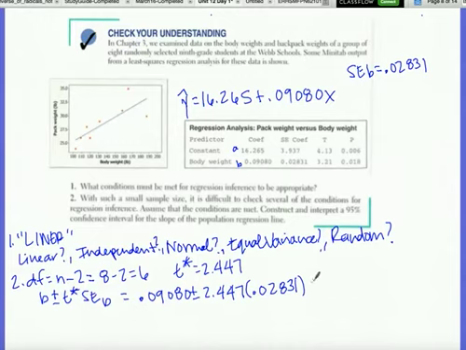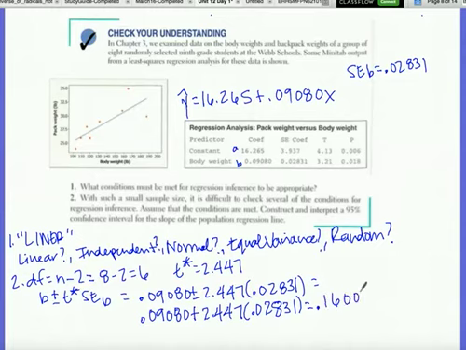So whenever you do that, what that really means is 0.09080 plus 2.447 times 0.02831, which gives you 0.16007.